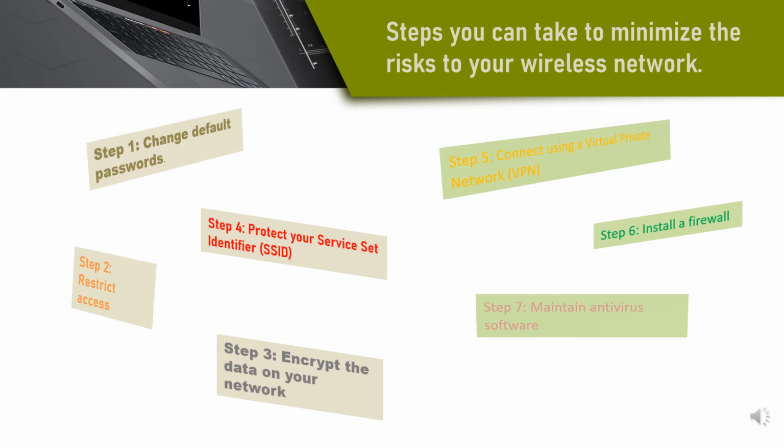Steps you can take to minimize the risk to your wireless network. Step 1. Change default passwords. Most network devices, including wireless access points, are pre-configured with default administrator passwords to simplify setup.